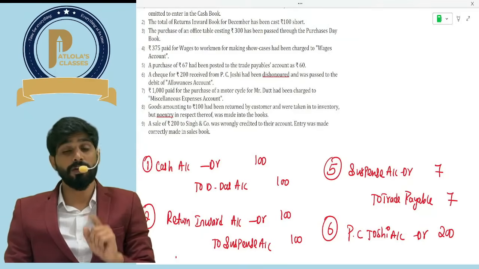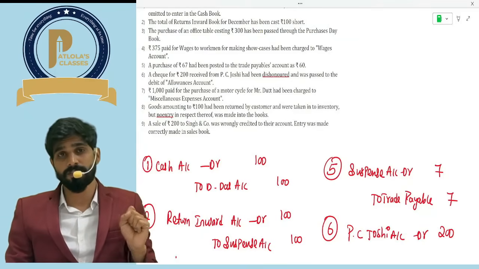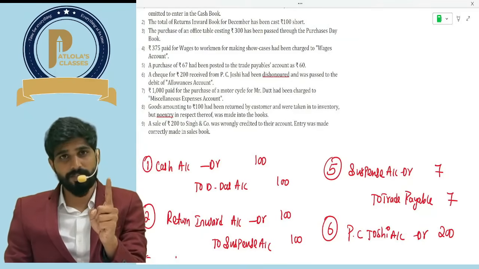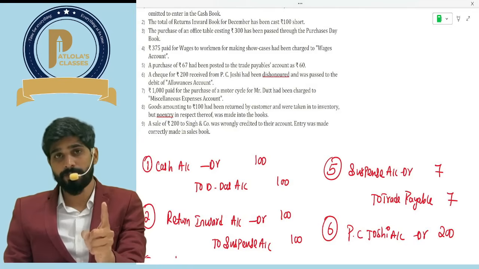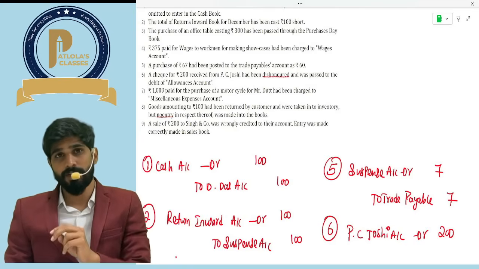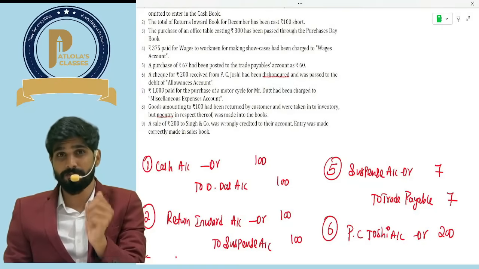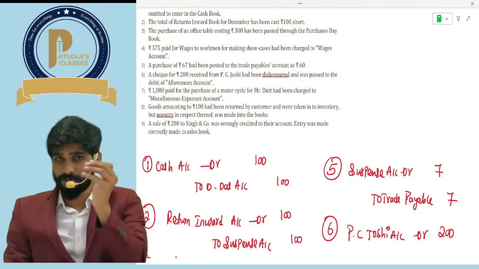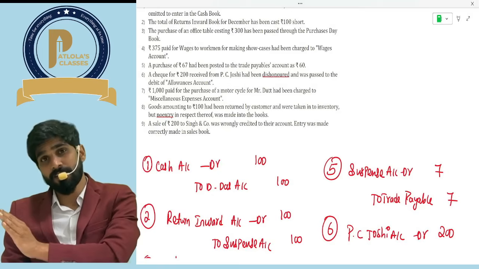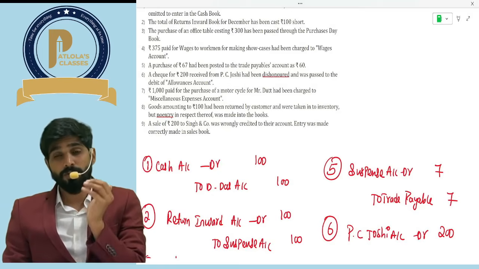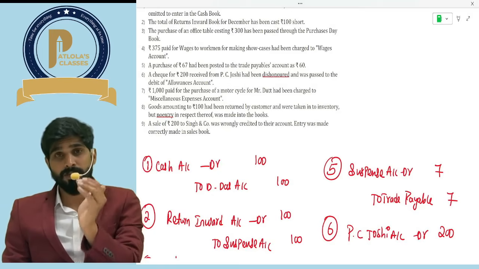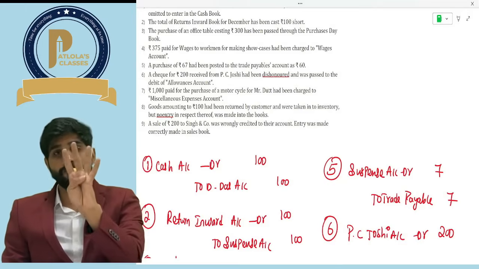So here not one mistake is involved, two mistakes are involved. One is not debiting, so the trial balance will not tally. Again crediting, again it will not tally. So your trial balance will be less on the debit side. Once you have not debited, it will be less. Another time you have credited, again the debit side will be less. Total trial balance debit side will be less by 400.